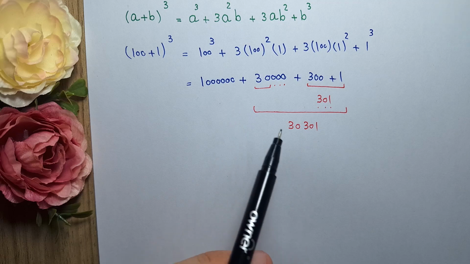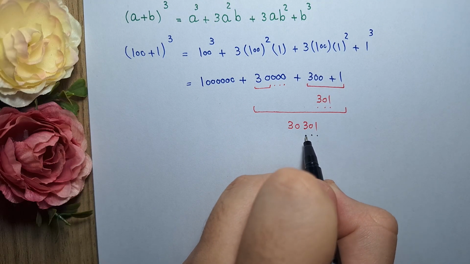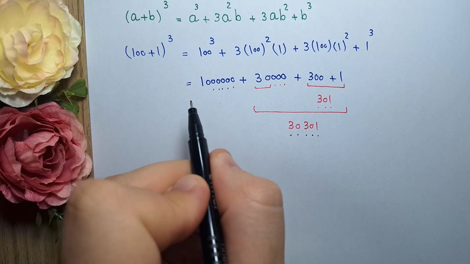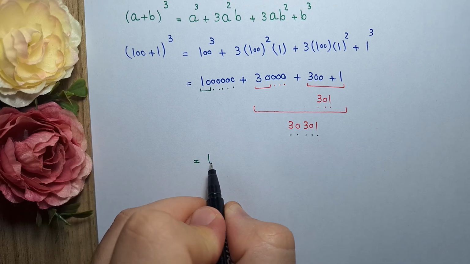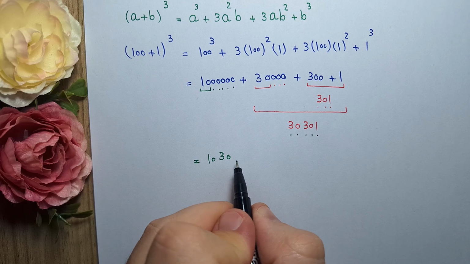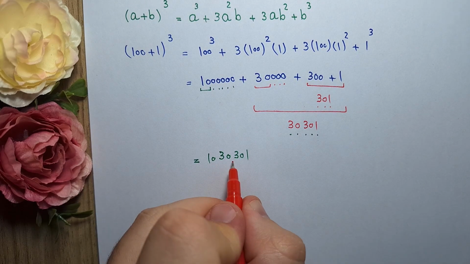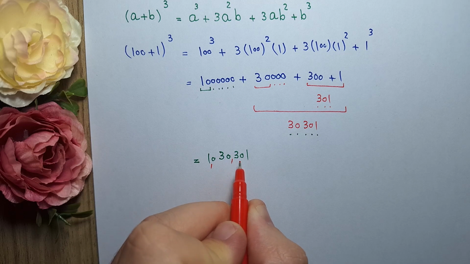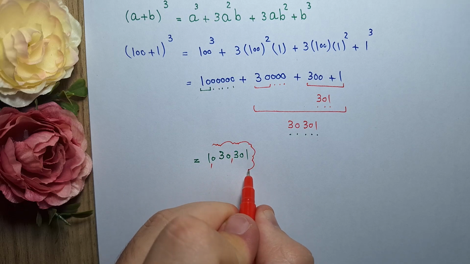Now the addition of these two terms: let's count digits, 1 2 3 4 5, and here 1 2 3 4 5, and 10 remains, so we write 10, 13 and 301, and this is 1,030,301, and this is our final answer.